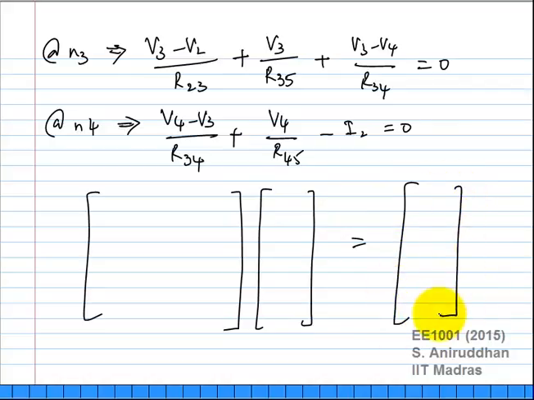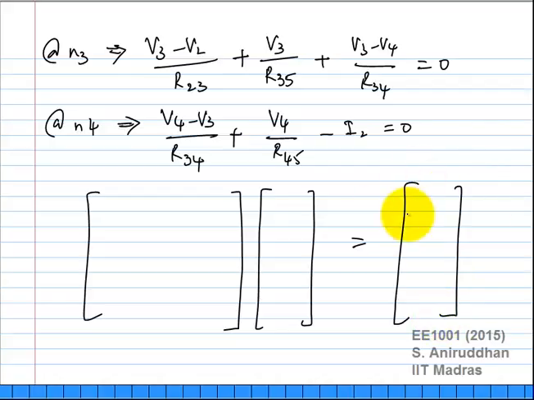We want to set it up in matrix form. Okay, so we are going to use a very specific matrix form. We are going to set it up such that you have a matrix times a vector equals another vector. Okay, so we are going to set up our equations in that form.